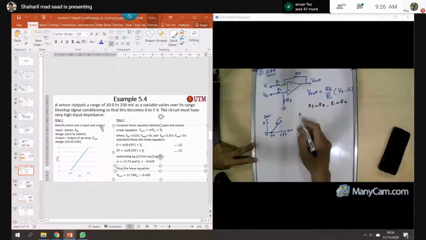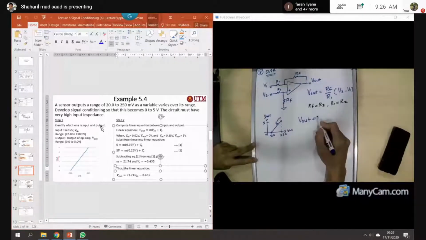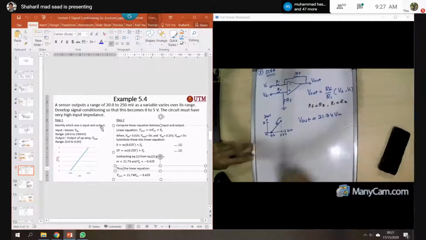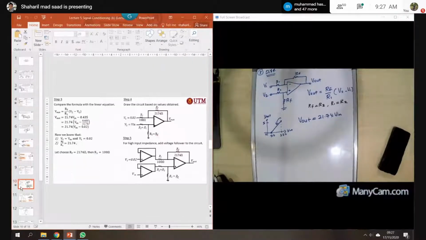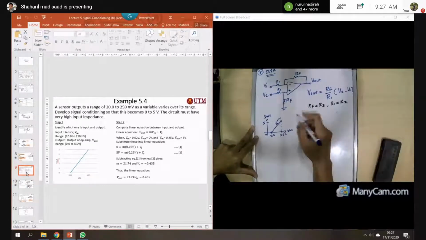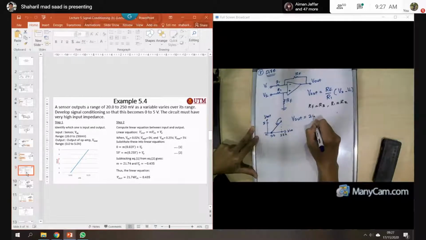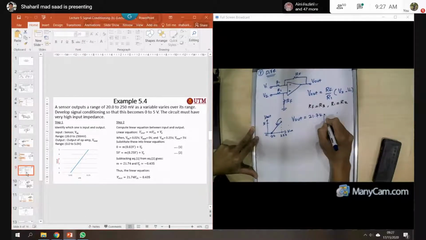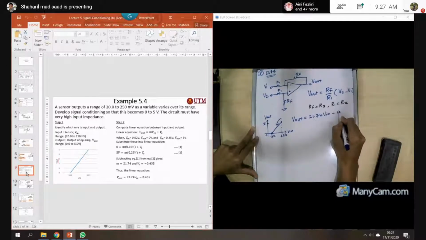Okay, so after you do that, you get the equation V out equal to 21.74 V in minus 0.435.